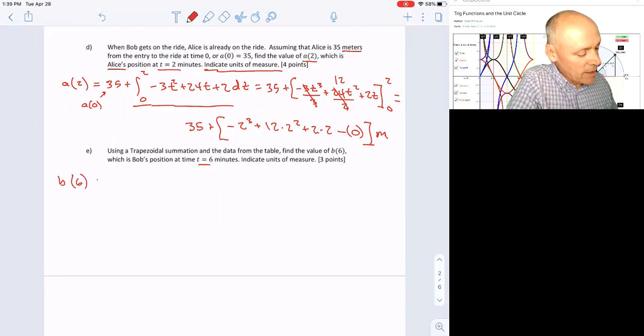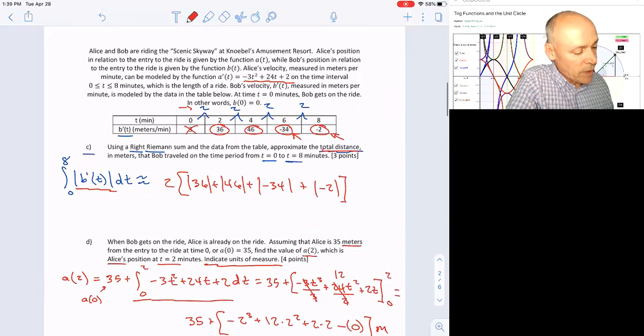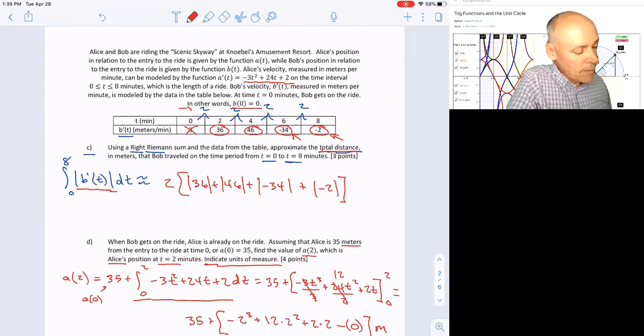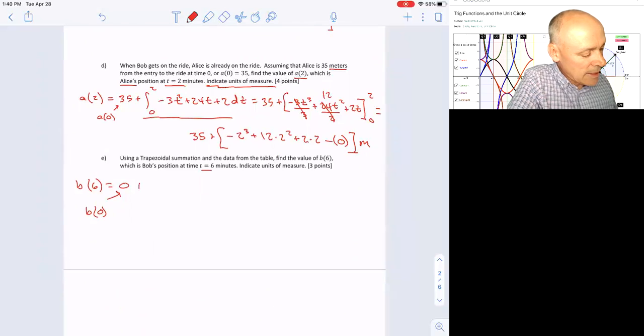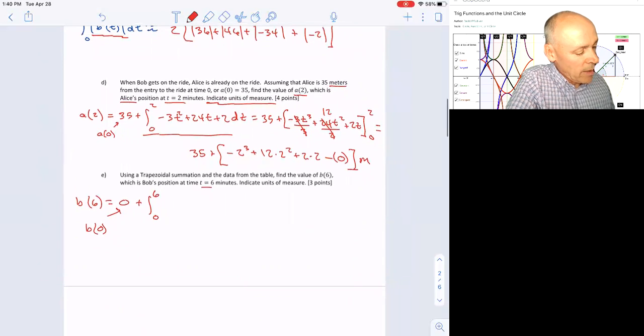B at 6 is going to be equal to 0, which is given as an initial condition, B at 0 right there, plus, and I want to go from 0 to 6, and that is going to be Bob's position, and so that would be B prime at t dt.